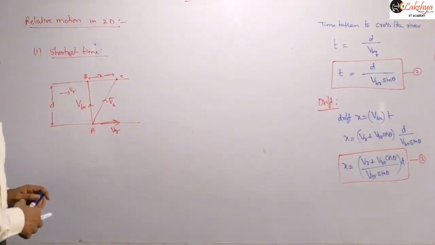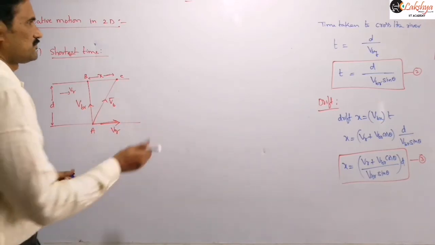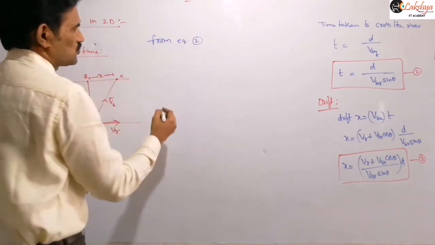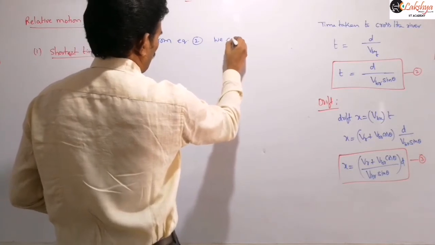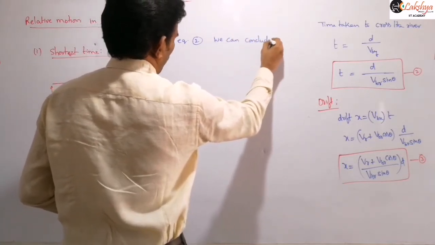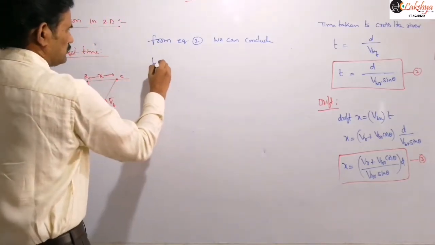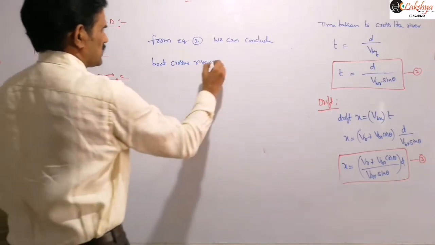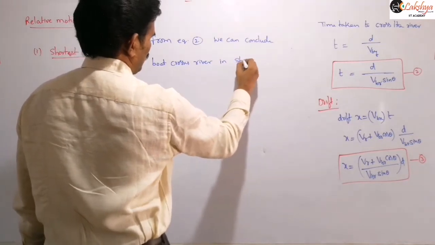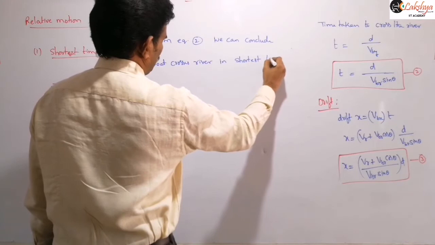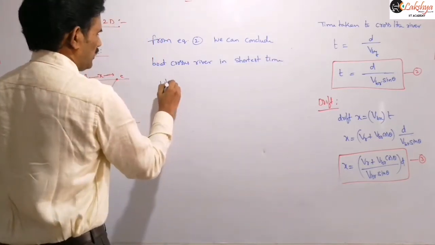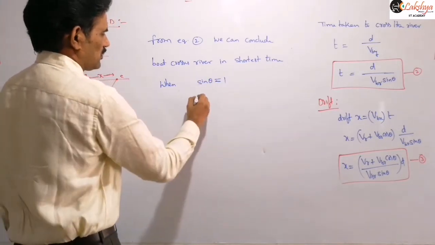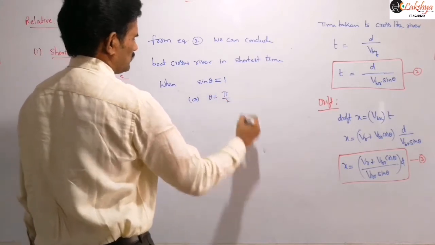Now simply from the second equation we can conclude: from equation 2 we can conclude that the boat crosses the river in shortest time when sine theta is equal to 1, or theta is equal to pi by 2. So that is our conclusion here.